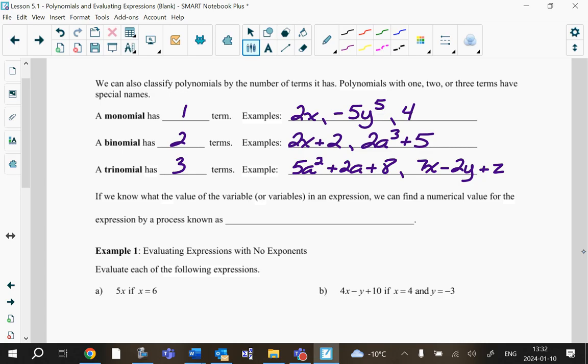How do you find the area of a rectangle? Base times height.